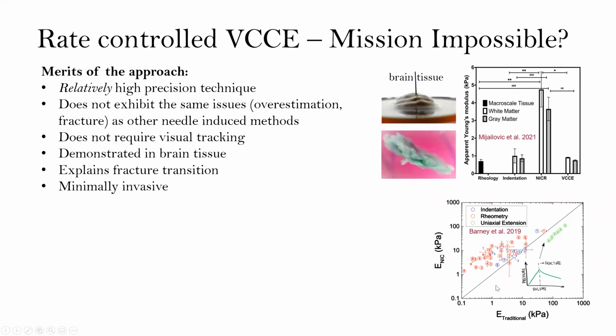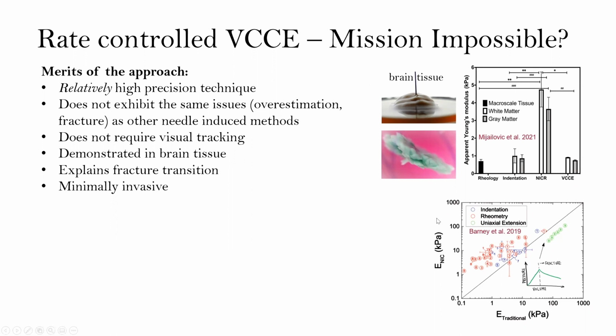This is another comparison here, and you can see very little scatter obtained from the VCC method compared to other techniques. So we think in that sense, it could be a good platform to begin to look at rate-dependent properties.